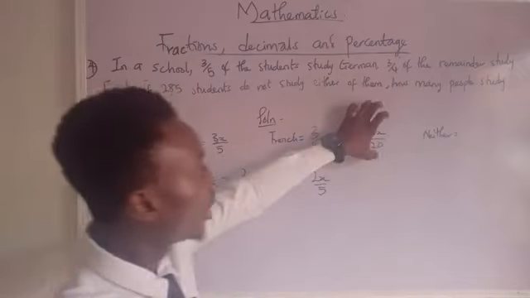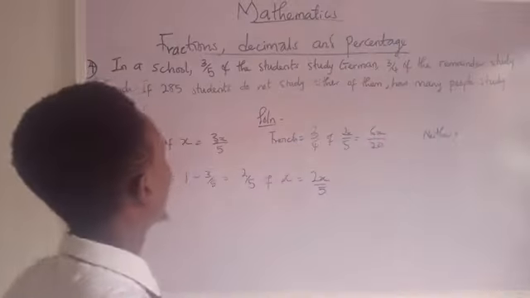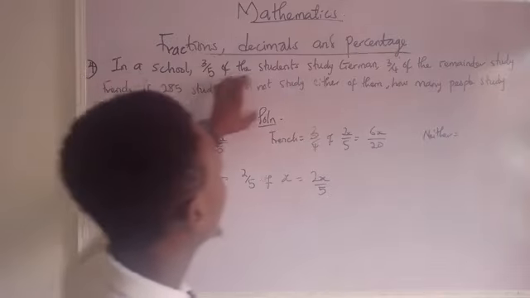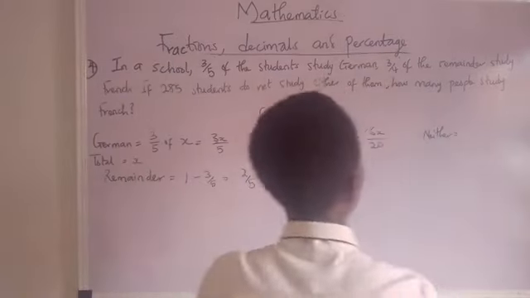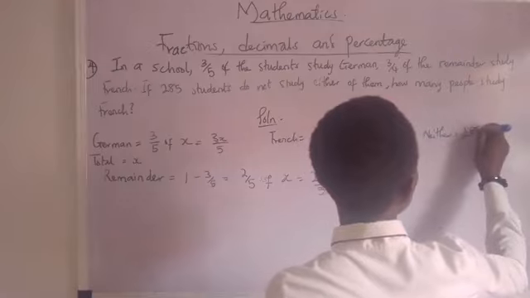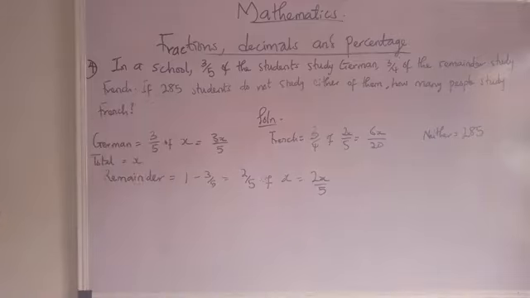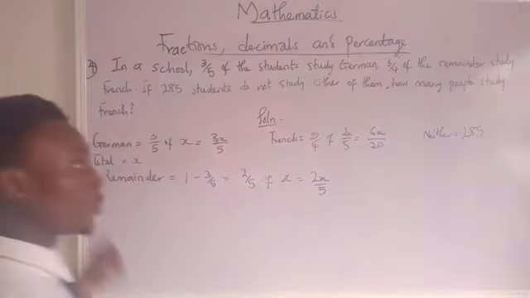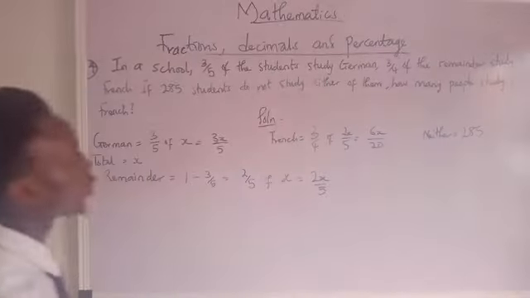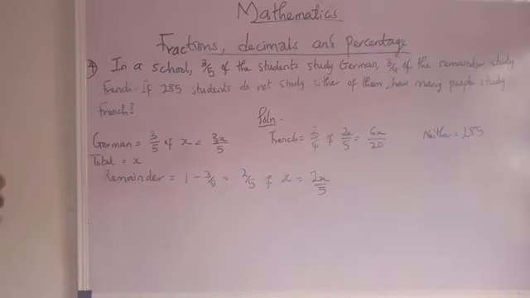This is the number of people studying French. Now, if 285 students do not study either of them, you don't know what fraction this is. You can actually find it, but it is not really necessary for this question. How many people study French?